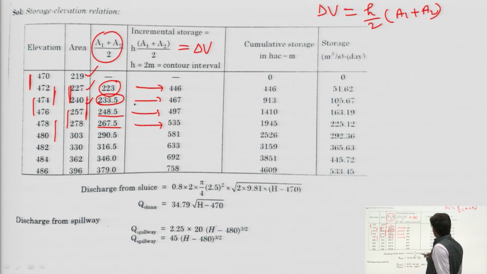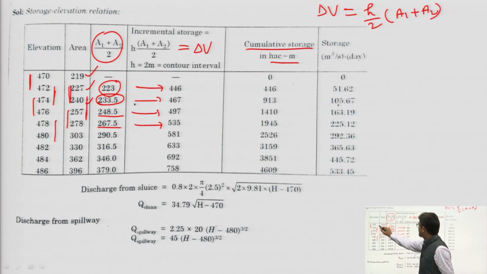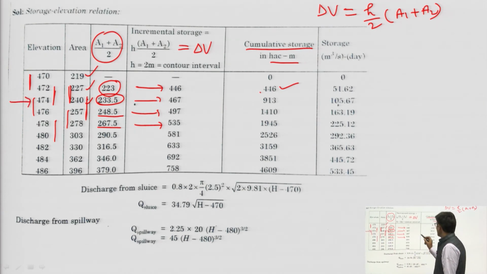Now we can calculate the cumulative storage in hectare meter. At this elevation it is 0, and at elevation 474 the storage will be the summation of these two, that is 913.